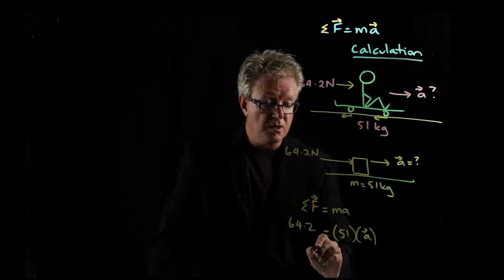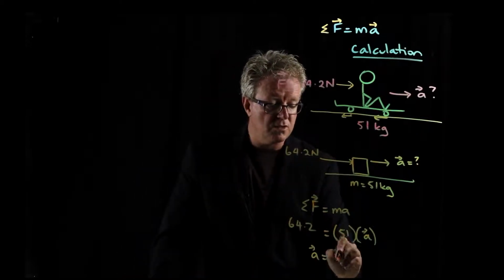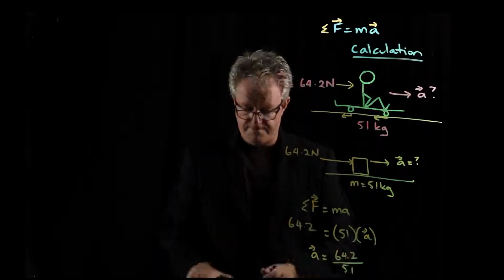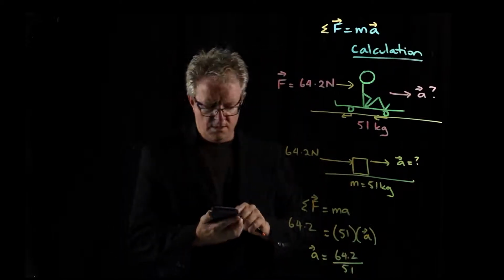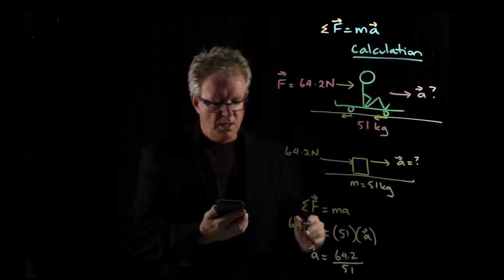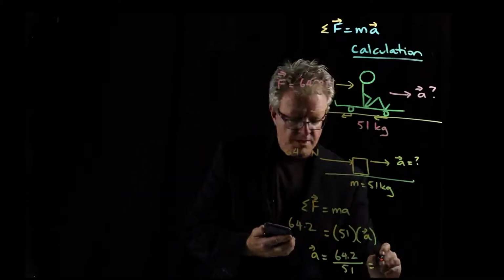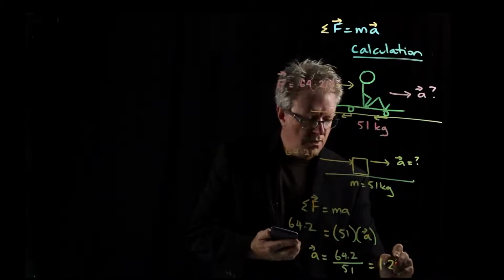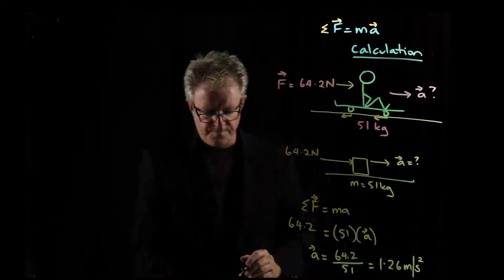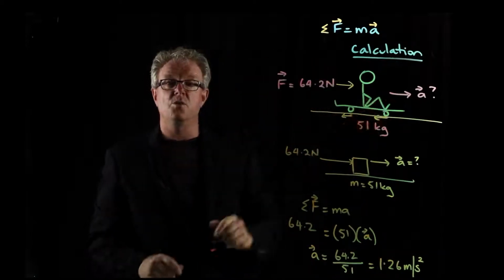So yet again, acceleration is equal to 64.2 divided by 51. What do we get? All right, 64.2 divided by 51. We get an acceleration of 1.26 meters per second squared, and that, of course, is to the right.